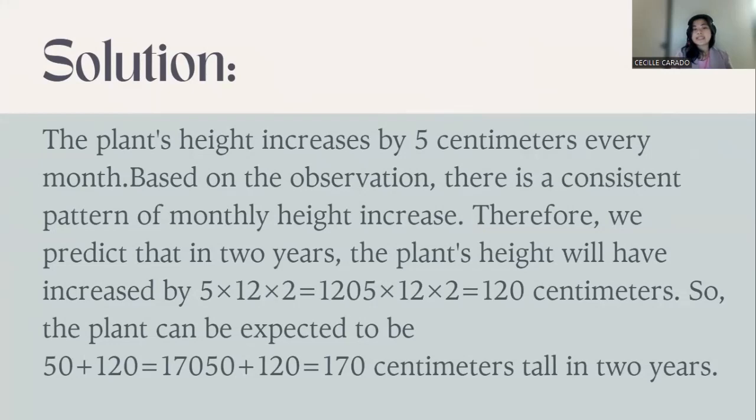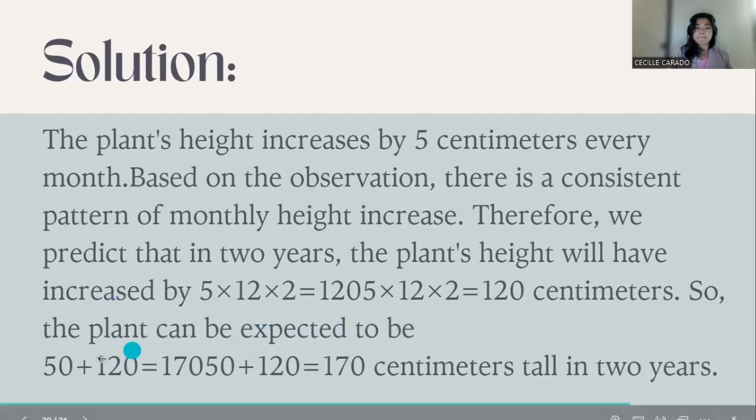Therefore, we predict that in 2 years, the plant's height will have increased by 120 centimeters. So the plant can be expected to be 170 centimeters tall in 2 years. You can see all the steps for the computation here.